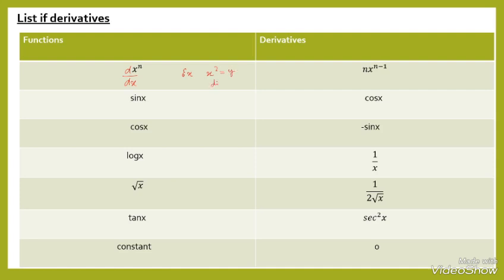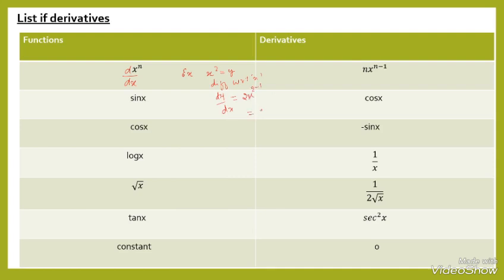Here x square is a function. Differentiate with respect to x. Then I can write dy by dx of x square, replace n by 2. What do we write in the differentiation? First 2, then x to the power 2 minus 1.